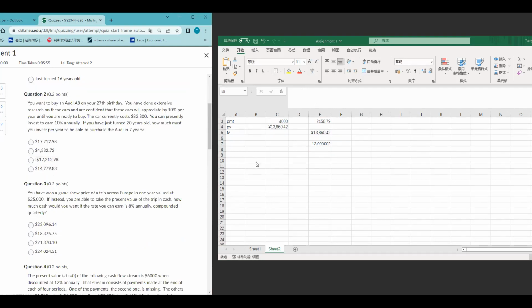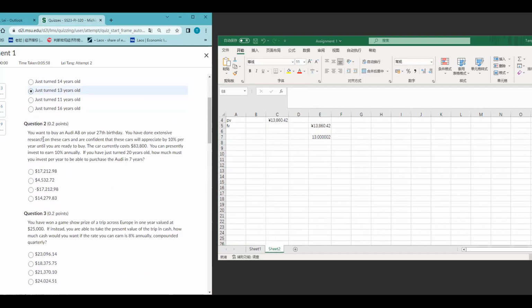Okay, for question 2. You want to buy an Audi A8 on your 27th birthday, and you do the research for the car, and we know that the car will appreciate by 10% per year. So the car's current cost is 83,000.